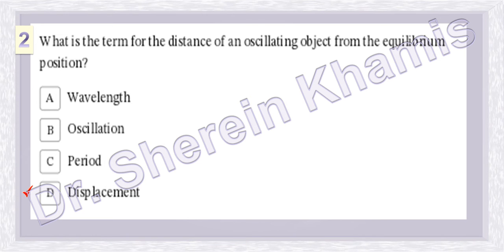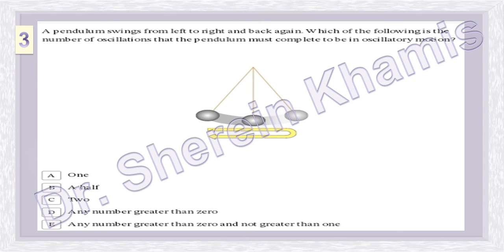Let's go into question 3. Question 3 says a pendulum swings from left to right and back again. Which of the following is the number of oscillations that the pendulum must complete to be in oscillatory motion? In an oscillatory motion, we make any number greater than 0.